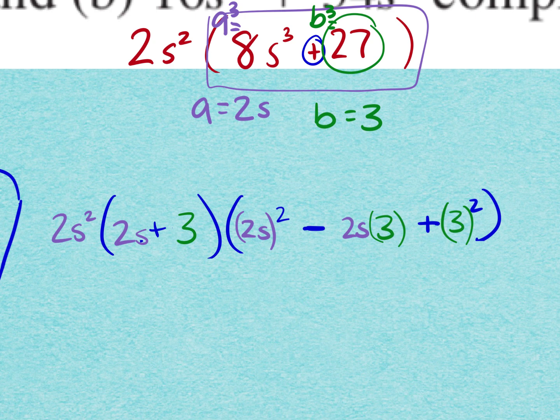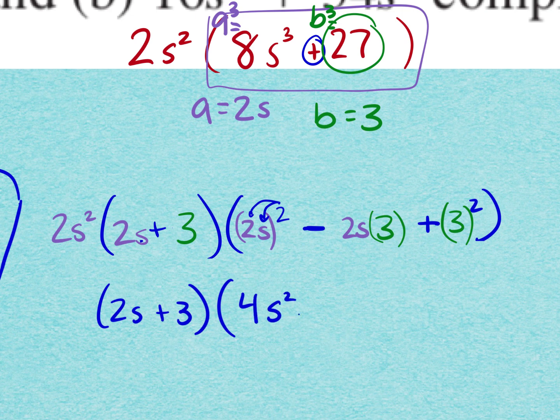So we have 2s plus 3. Can't simplify that anymore. But what is 2s squared? 4s squared. Awesome. 4s squared. 2 squared would be 4, and s squared is s squared.